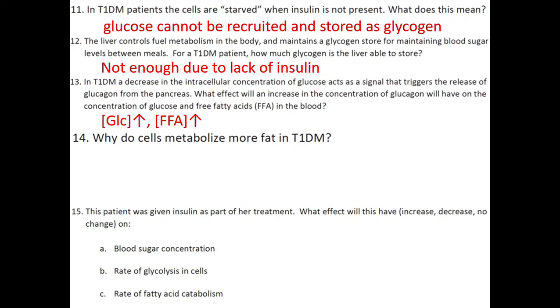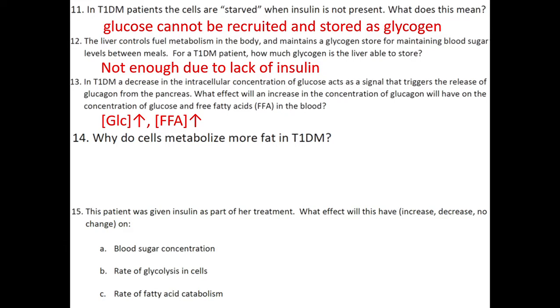Alright, so next question. Why do cells metabolize more fat in type 1 diabetes? Again, it's about the function of insulin. What does insulin do? Insulin tells the body to store fat and store glycogen.